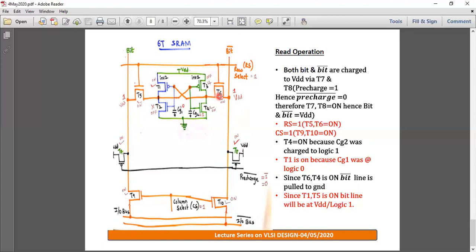So since T6 and T4, both these transistors are on, this bit bar line which was charged to VDD, now it will discharge to ground via T6 and T4 transistors.